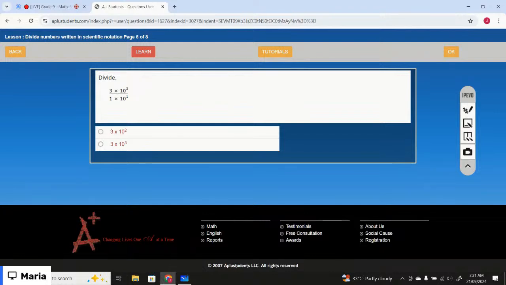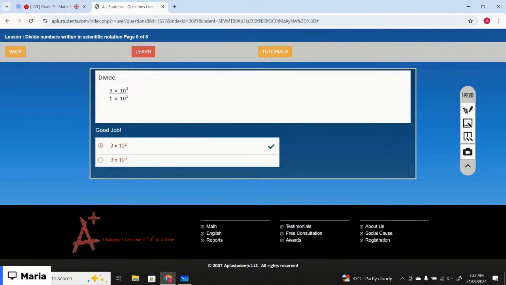The correct option is 3 times 10 exponent 2. Option number 1 is the correct option, right? Very good. Option number 1 is the correct option.